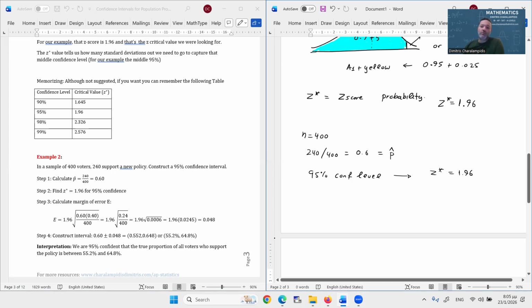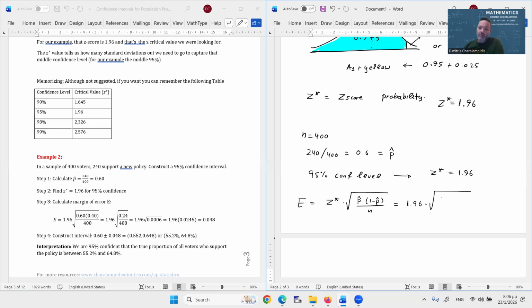So all we have to do now is, first of all, let's calculate the margin of error, which is the z critical value times the square root of the sample proportion times 1 minus the sample proportion over n. So it's 1.96 times root of 0.6 times 0.4 over 400.